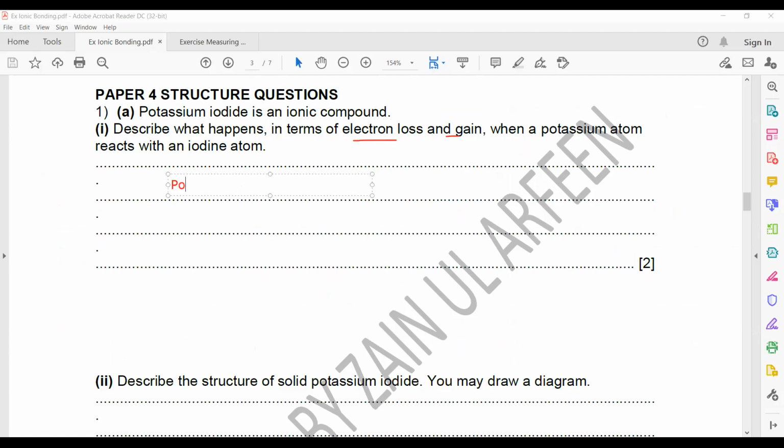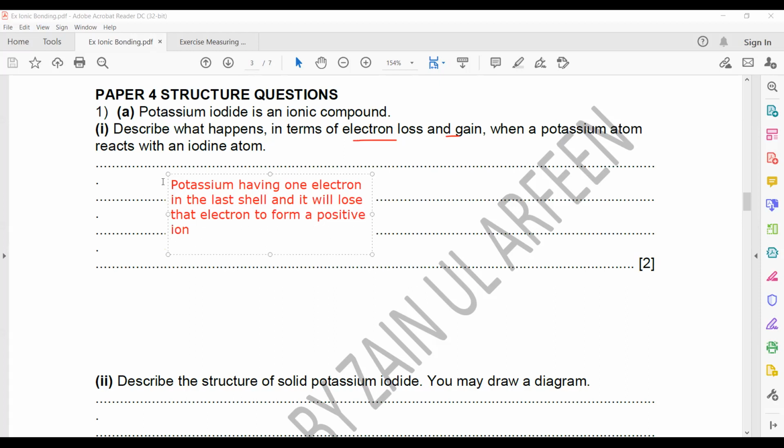Potassium has one electron in the last shell and it will lose that electron to form a positive ion.